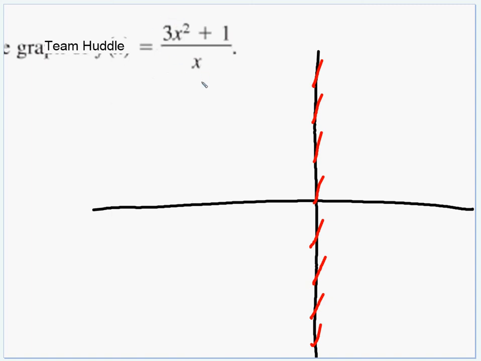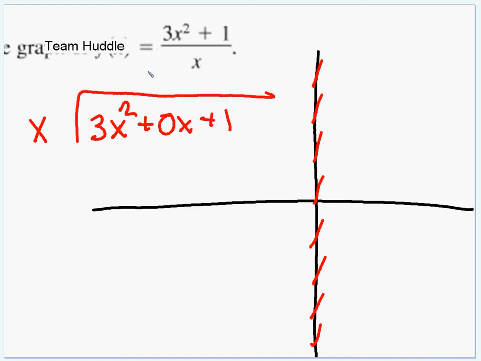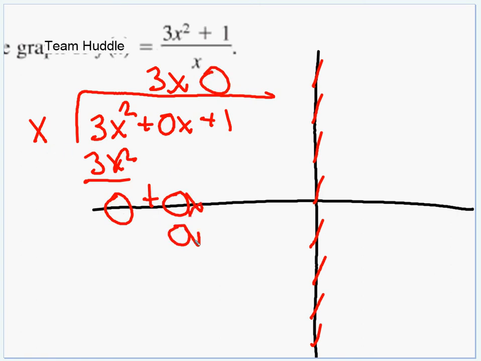Well, if we look at our horizontal, there would be no horizontal. The numerator is more powerful. But let's long divide. X into 3x squared plus 0x plus 1. So I'm going to need a 3x to multiply and get my 3x squared, and then that would be 0. Bring down the next thing, 0x. We've got an x, so that would be 0 times x is 0x.